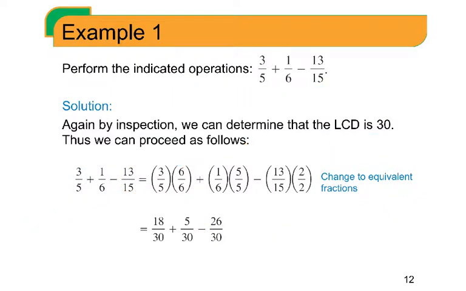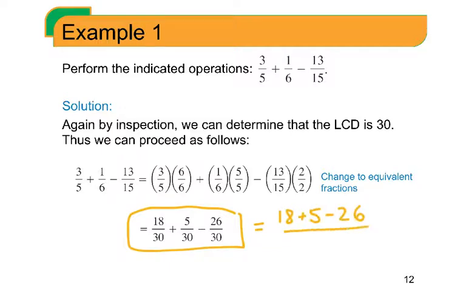Now, once we do that, we end up with these equivalent fractions, and we can proceed with 18 plus 5 minus 26 all over 30. What would that be?